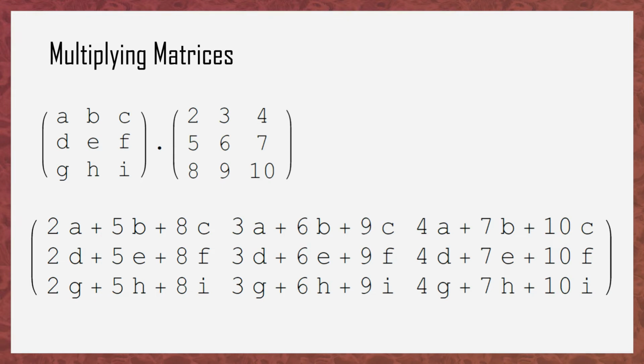Here's a much larger example that we're not actually going to do out. I made a matrix with all variables on the left side and numbers on the right side, just so you can see how everything matches up and goes together, and to notice that there are some patterns involved. So A, B, C is the first row, and that will be multiplied by the first column: 2, 5, and 8.